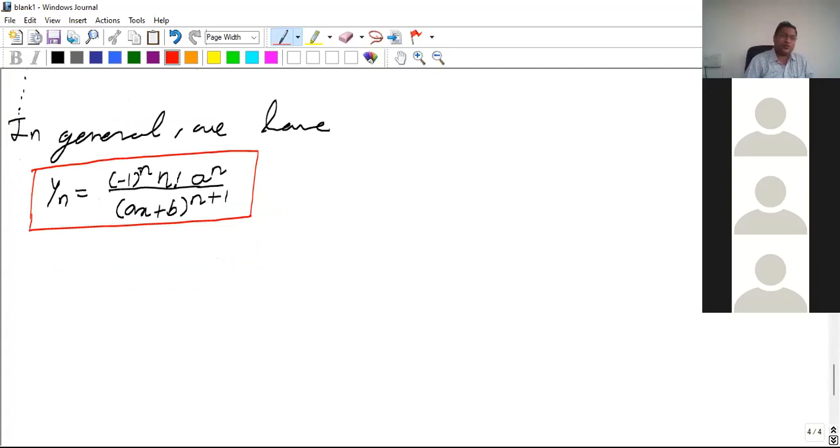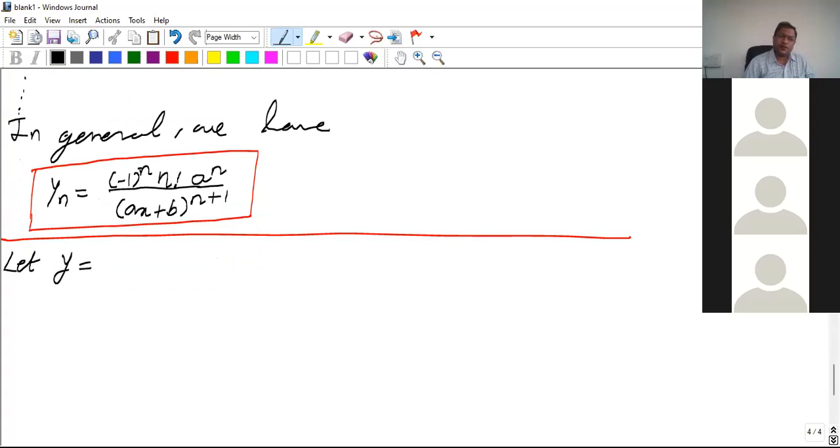Suppose we have a logarithmic function. Let y is equal to log of (ax plus b).